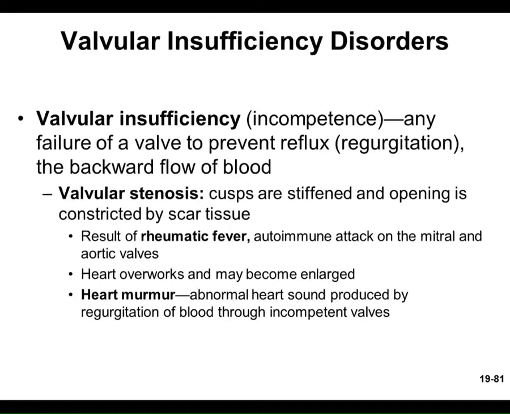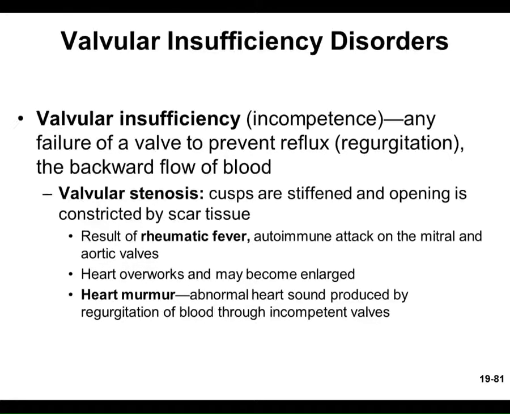Now, the valves that we're mostly talking about here are going to be the AV valves, because those are the valves that are under the greatest pressure. As the ventricles are squeezing, those are the valves that have to keep things closed so things don't go back up into the atria. So that's usually the place you're going to see a valvular insufficiency would be where?